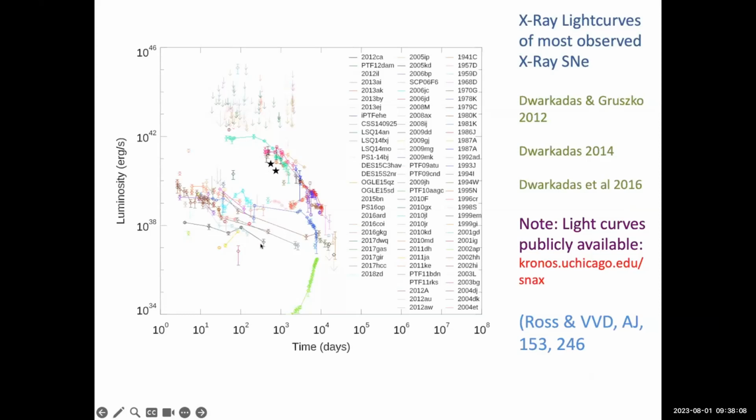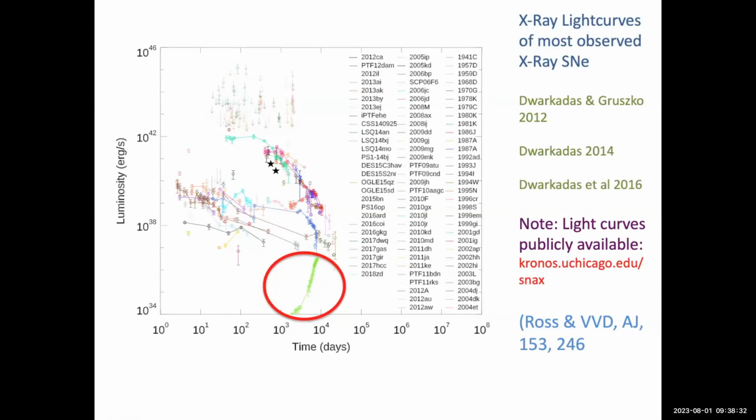But there are a few exceptions. Exception number one, which we saw many years ago, was supernova 1987A. It's well known that its X-ray emission was increasing with time after about 3 years or so, and the reason is that the supernova forward shock was hitting a very high density region in the equatorial plane.